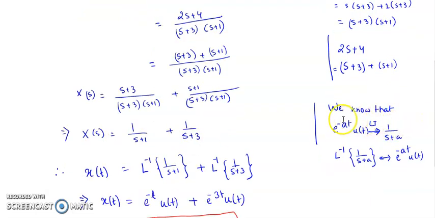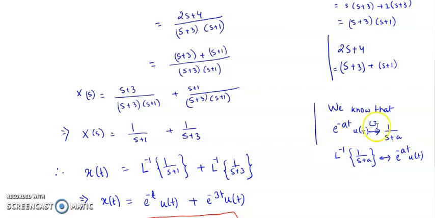We have a basic formula for the Laplace transform: e^(-at)u(t) is equal to 1/(s + a). We know that the Laplace transform of u(t), the unit step signal, is 1/s, and when we do frequency domain shifting by s + a, we have to multiply the time domain by e^(-at).